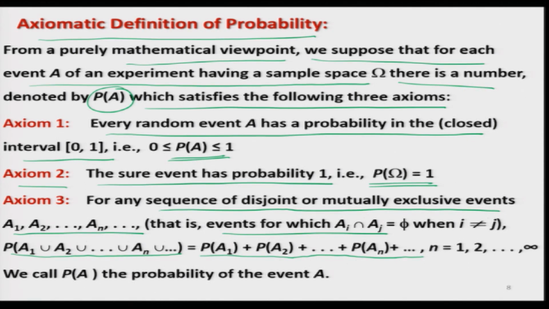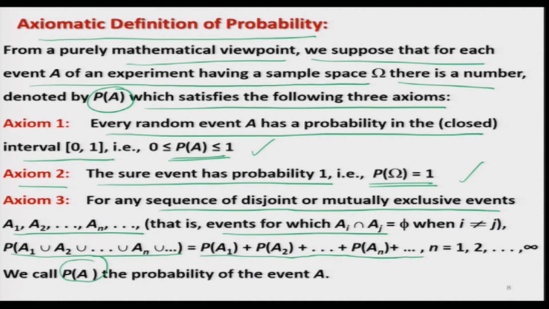And we call this value P(A) the probability of the event A. So, axiom 1 says that the probability of any event lies between 0 and 1, the probability of a sure event is always equal to 1, and if we have disjoint or mutually exclusive events, then the probability of their union can be expressed as the sum of their individual probabilities.